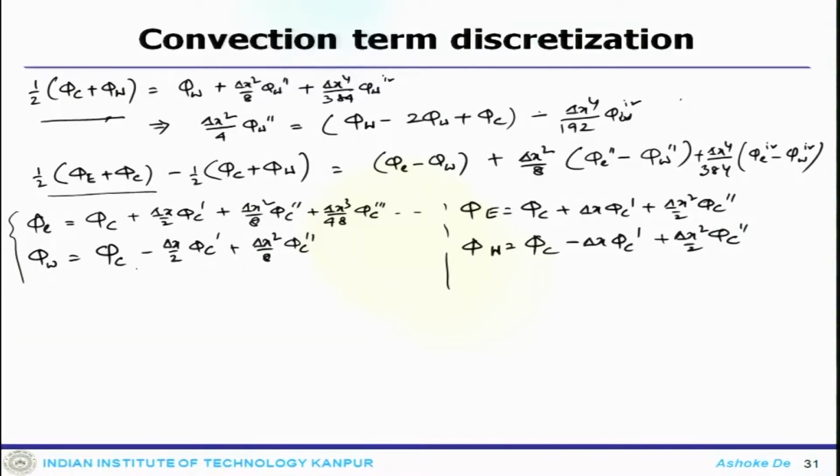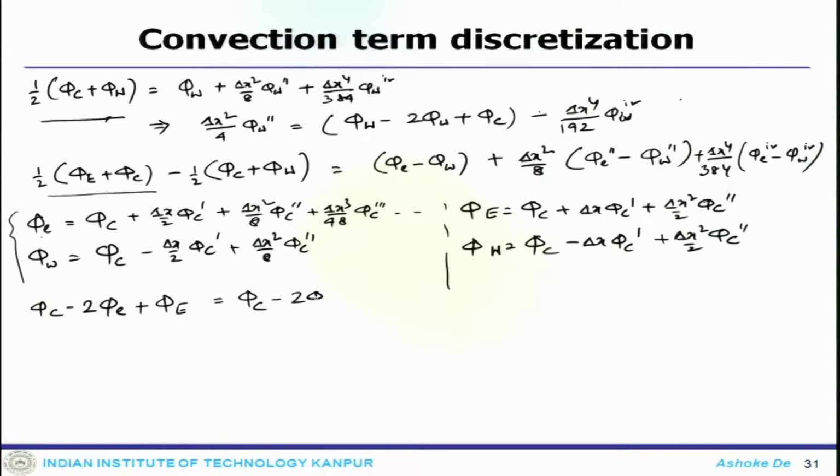Now, in this set of information, if you put these things there, like phi c minus 2 phi e plus phi e, this term and this term, then what we get?